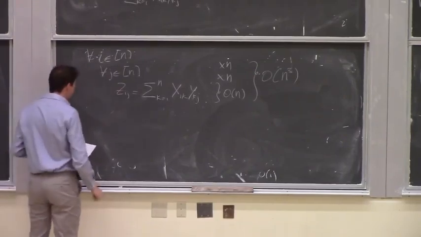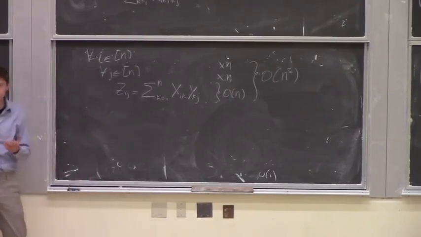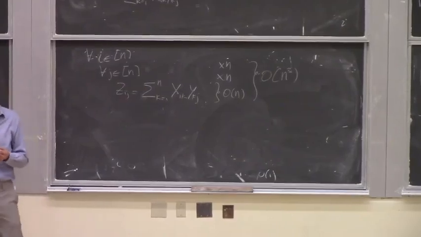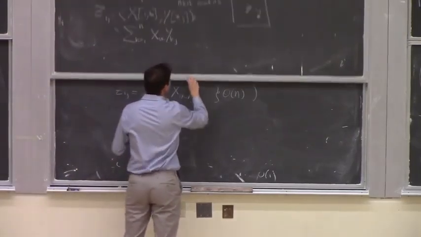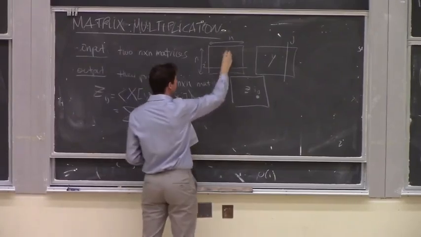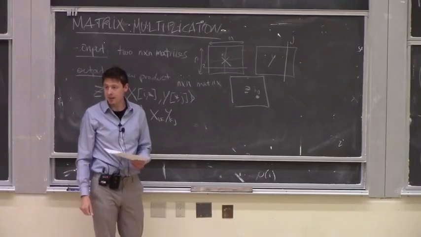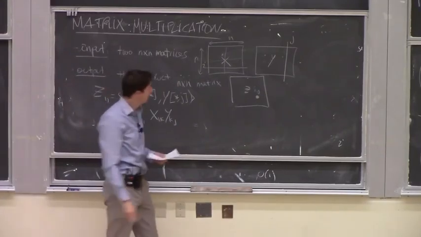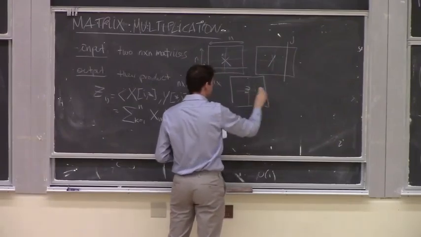So here's the idea. The way you can find recursion in matrices is to think of slicing them up in so-called blocks, okay? So you view, for example, this X matrix, which is n by n, as made up of 4 quadrants of size n over 2 by n over 2 each. And you think of X that way, you think of Y this way, you think of Z this way.